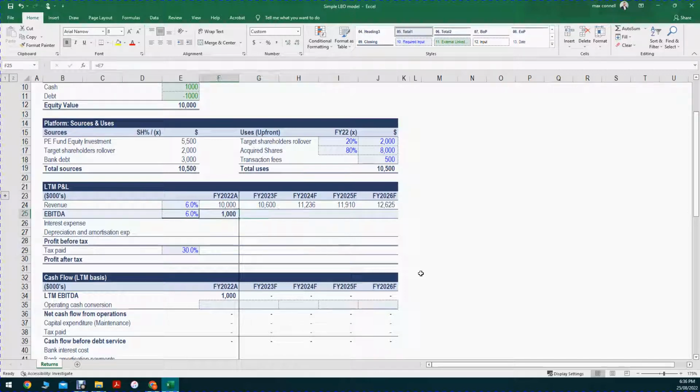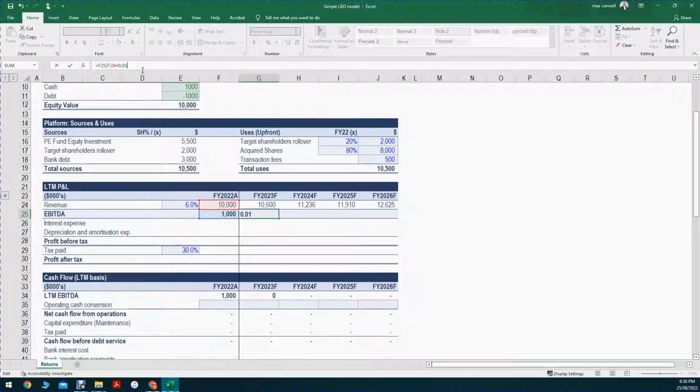Now EBITDA, on the other hand, let's say this is going to grow at 10%, or maybe instead, another way of doing it, let's do it on a margin basis. So let's assume that the margin from last year was 10%.